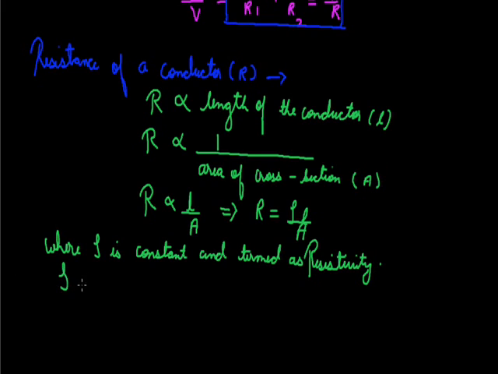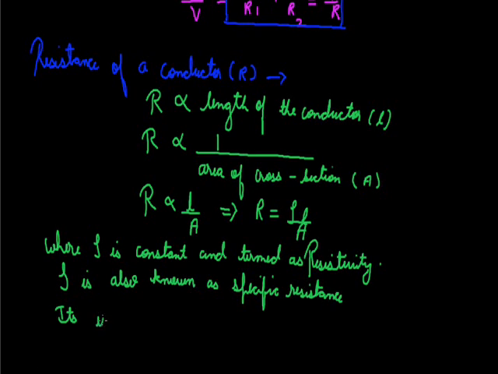This rho is also known as specific resistance. Its unit is ohm meter.